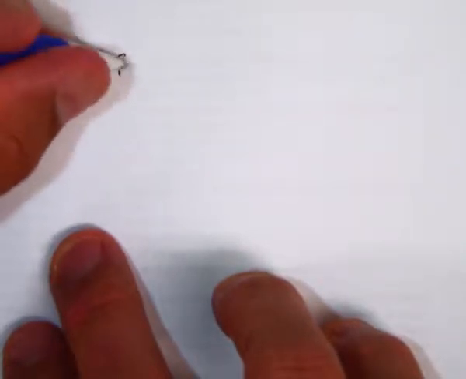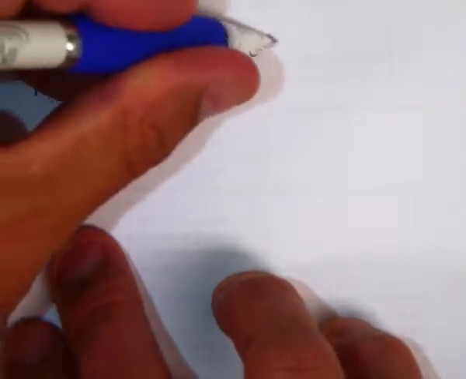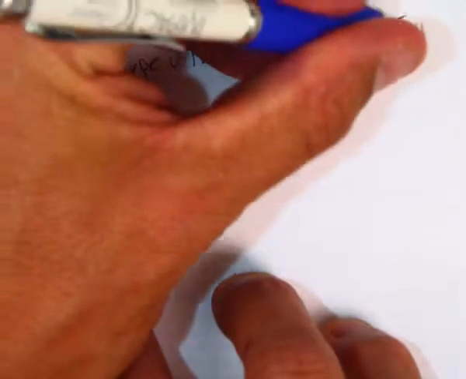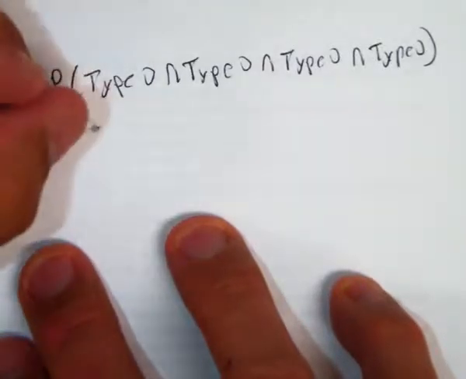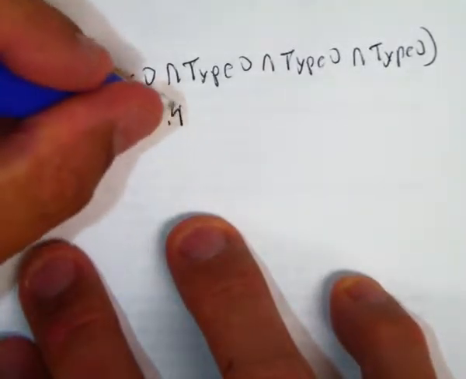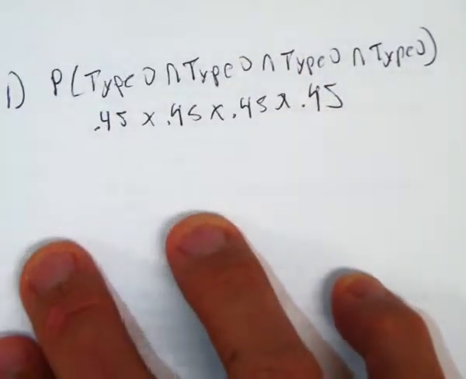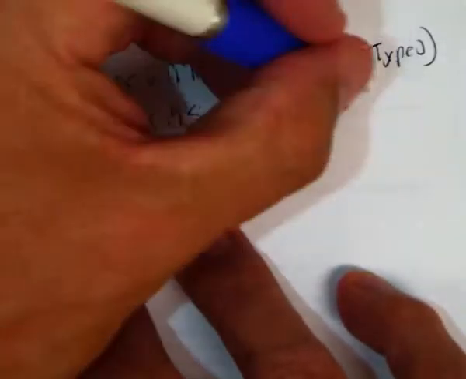So the probability of type O and type O and type O and type O. We said the probability that somebody's type O is 0.45, so it's 0.45 times 0.45 times 0.45 times 0.45, or 0.45 to the 4th. And that comes out to 0.041.